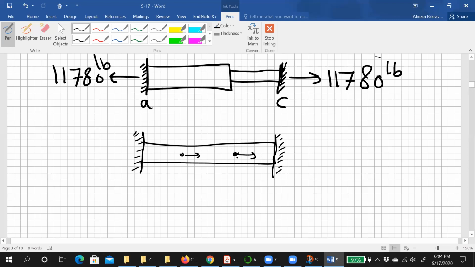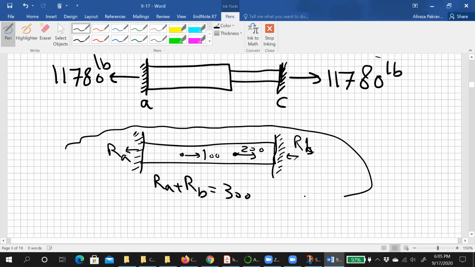For example, if this is 100, this is 200, and this is RC, this is RA, let's say B. Then because of the equilibrium, RA plus RB is 300, right? If you solve this type of problem, then RA and RB is not necessarily equal, right?